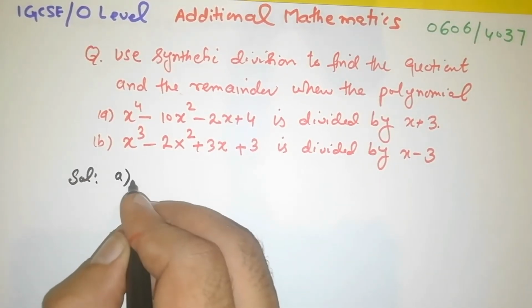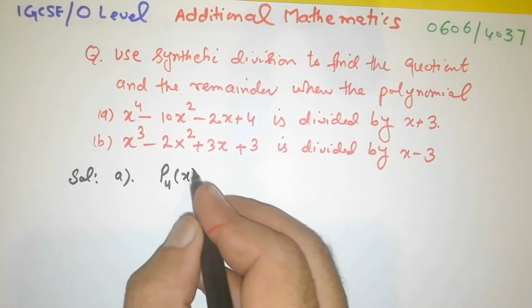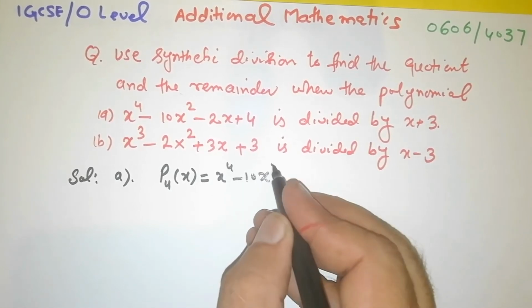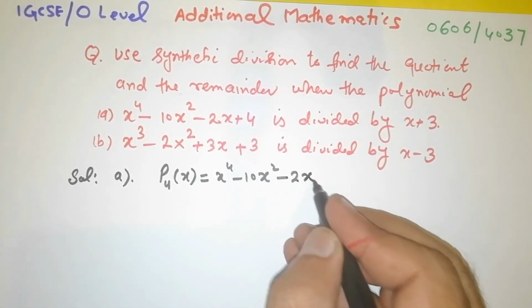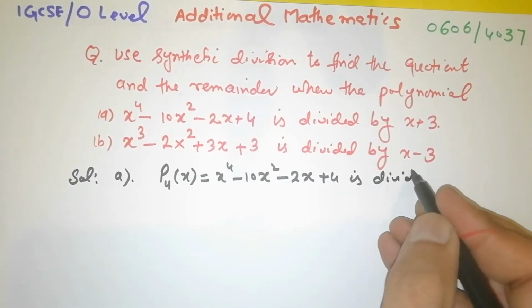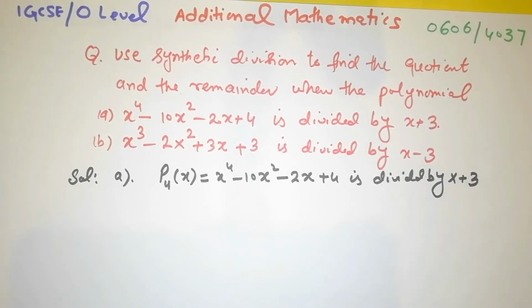We solve this first. Here this polynomial is a 4th degree polynomial. This is x^4 minus 10x^2 minus 2x plus 4 divided by x plus 3.